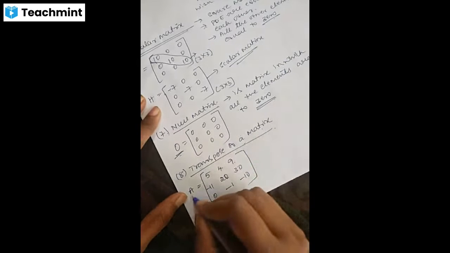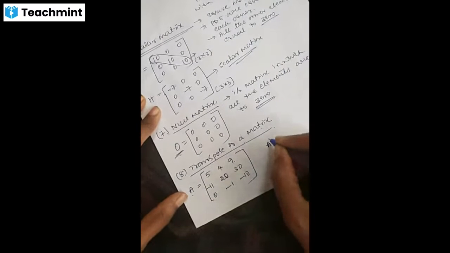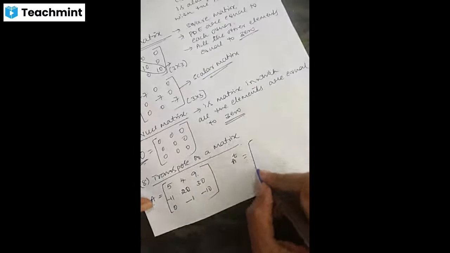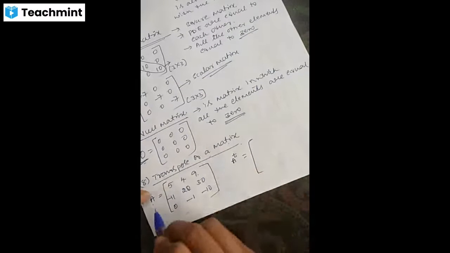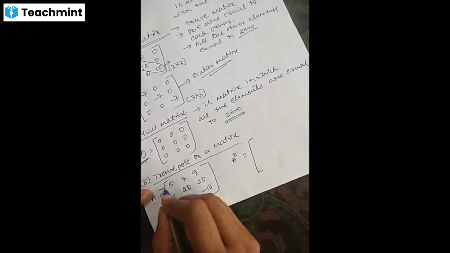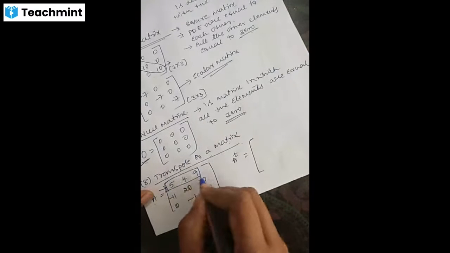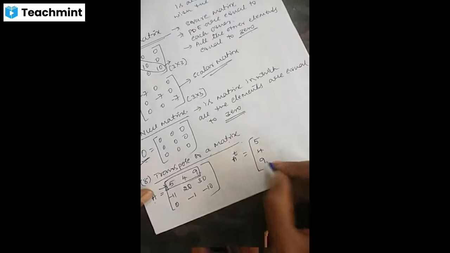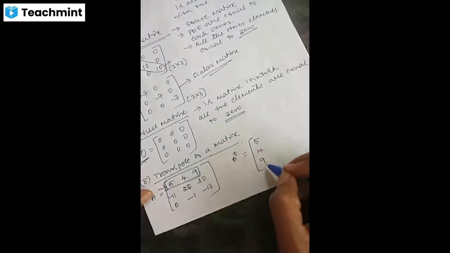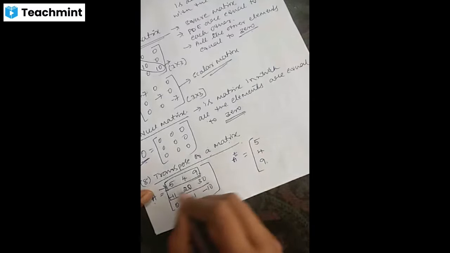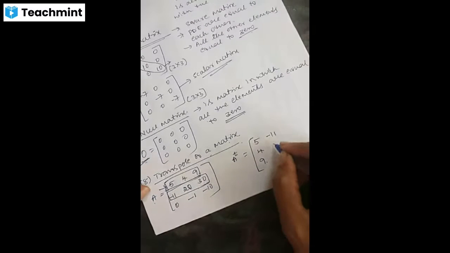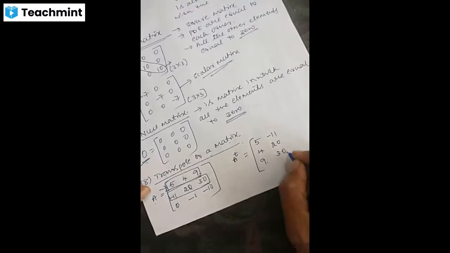If you wanted to have a transpose of a matrix, then you have to write A transpose. While writing A transpose of this matrix, the first row values, this is the first row value, right? First row values becomes a first column value in a transpose of a matrix. And the second row of values becomes a second column values.